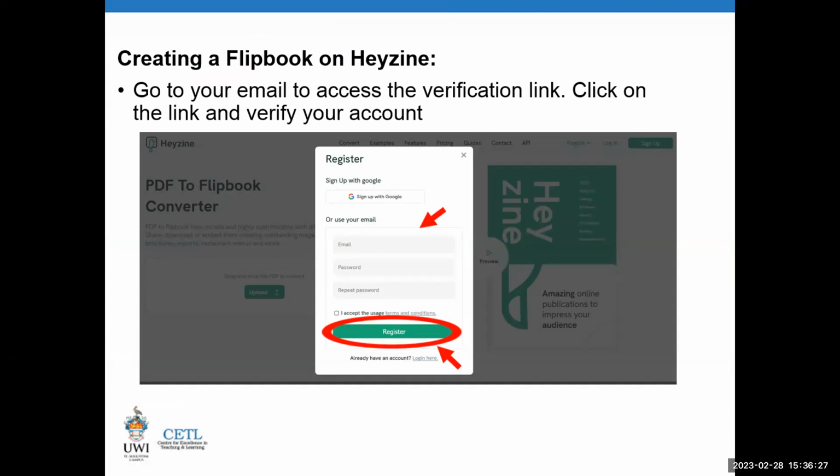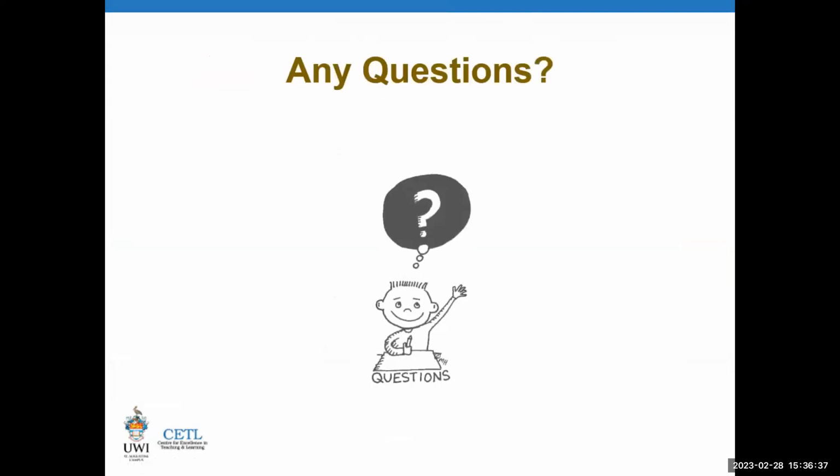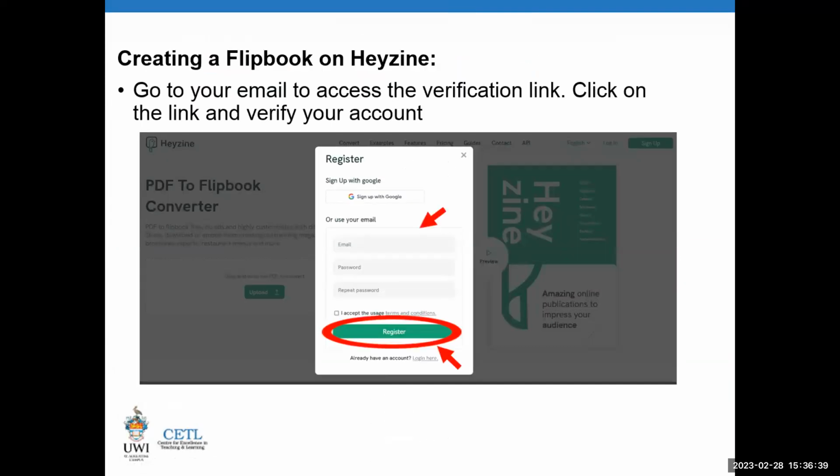You may or may not get a link in your email to verify your Heyzine account. I don't think you would necessarily get it, but sometimes you do. Once you create that, it should take you to Heyzine.com.